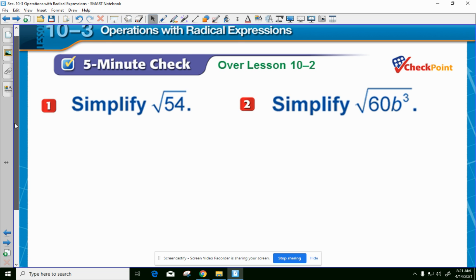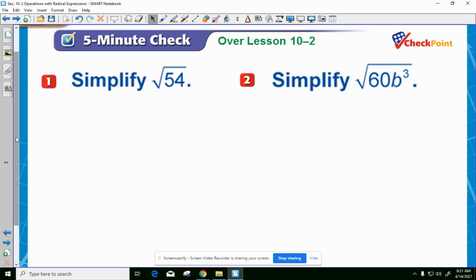Before we get too far into it, though, based off of what we did yesterday, can you give me an answer to either one of those? So, take a second and think, is 54 a perfect square? Hopefully, you would say no. Is there a perfect square inside of 54? Hopefully, you'll say yes.